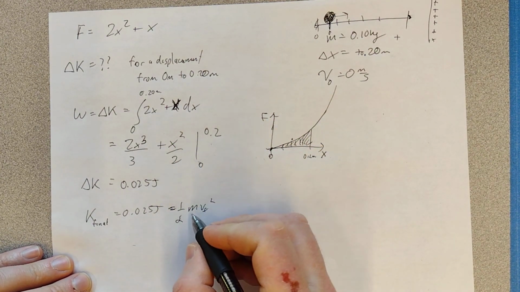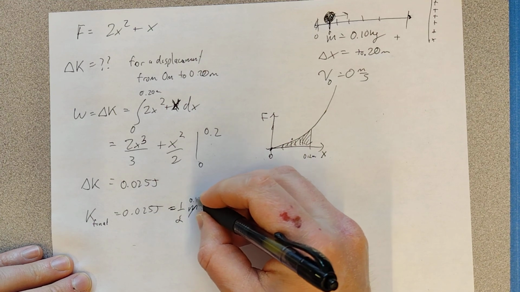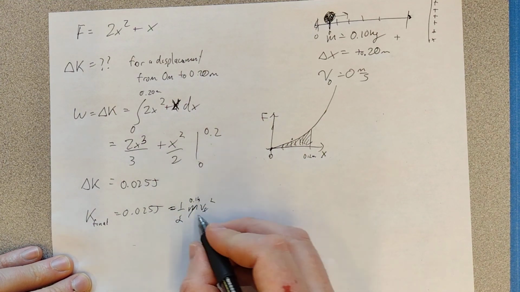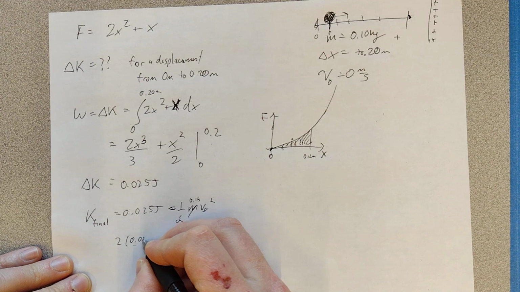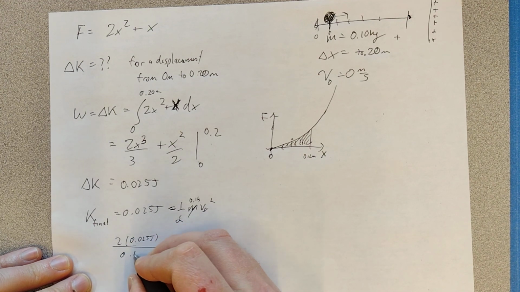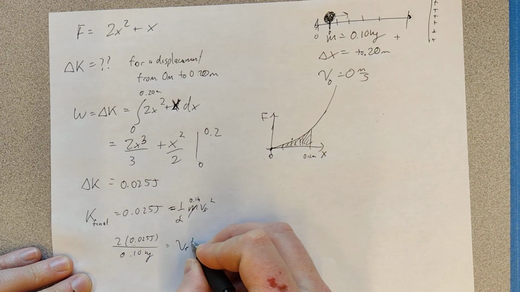Anyhow, if I said it's a 0.1 kilogram mass, then 2 times 0.025 joules divided by 0.10 kilograms equals v final squared.